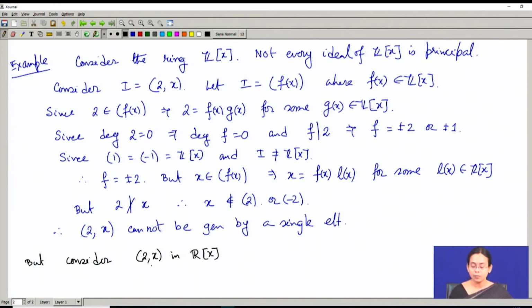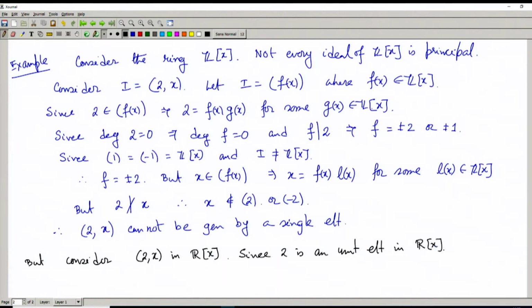You can see that 2 is a unit element because 2 is a real number, and it has a multiplicative inverse. So, since 2 is a unit element in R[x], the ideal generated by 2 and x will be nothing but the unit ideal, which is the whole ring.